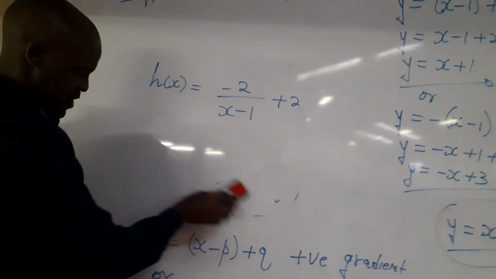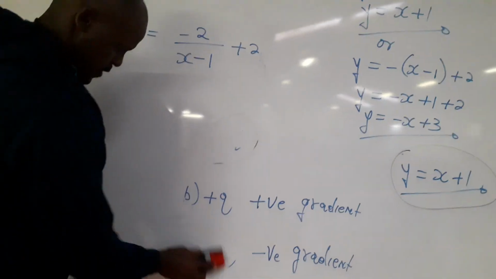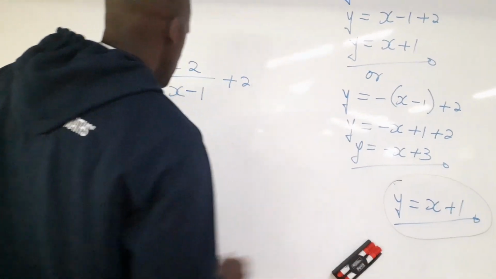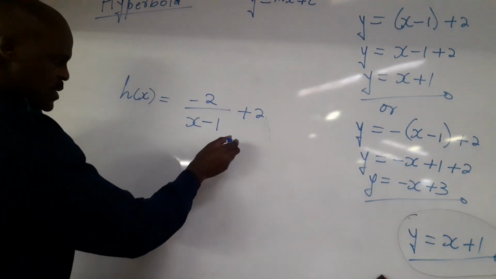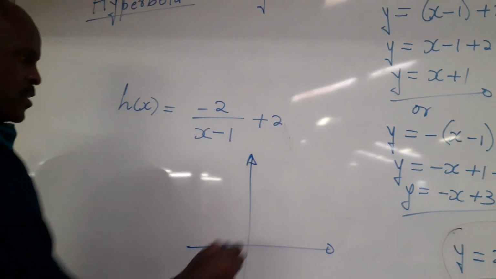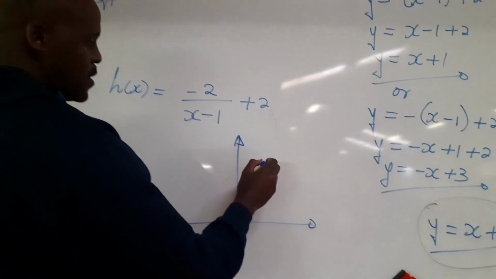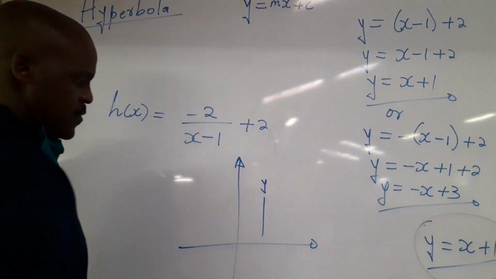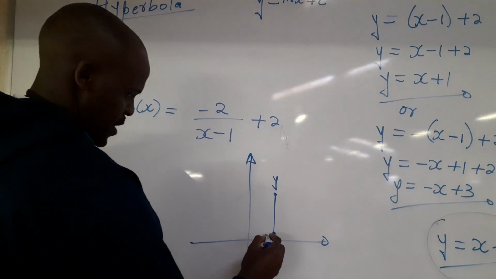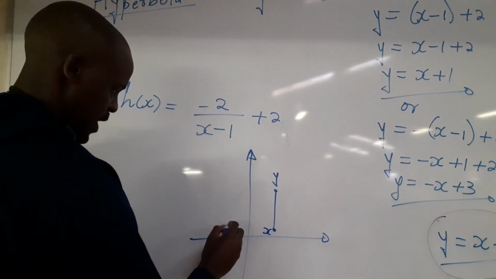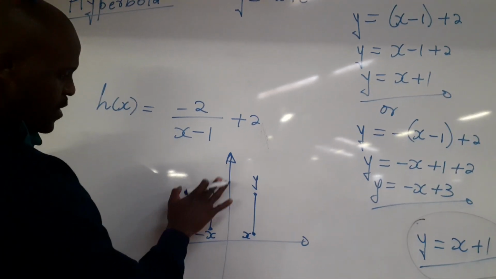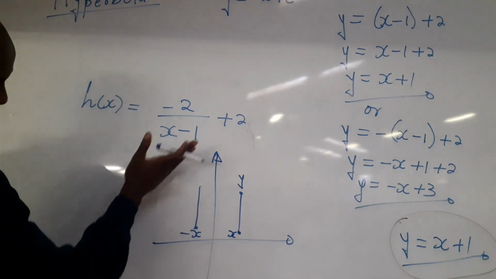Right. For the reflection, it's one and the same thing, okay? If you are to reflect this about the y-axis, if this comes to this side here, it's positive x, it will be negative x, but y is still above the x-axis.